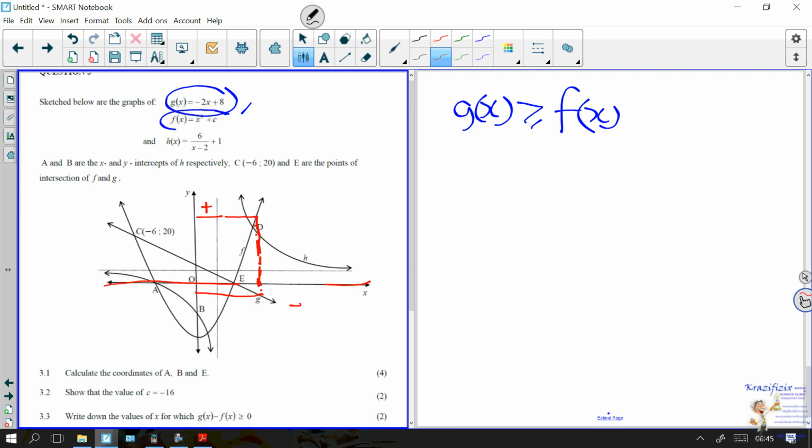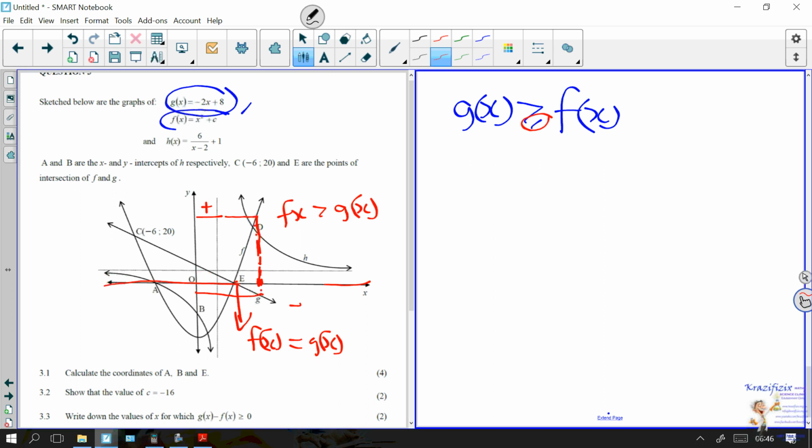It's a positive value, which means at this particular point, f of x is greater than g of x. That's not what I want. I want the other way around. That means I cannot use any value from here. But I can use point E. Why? F of x is equal to g of x. That's one of the conditions I need, equal to. What about moving to the left side?